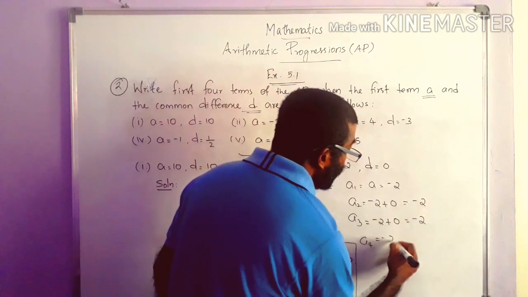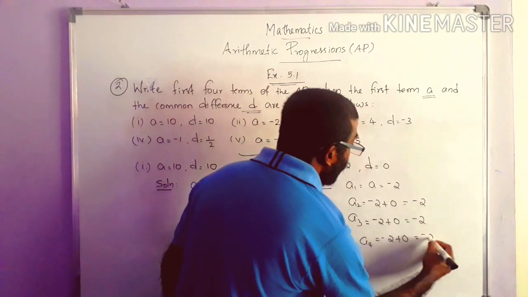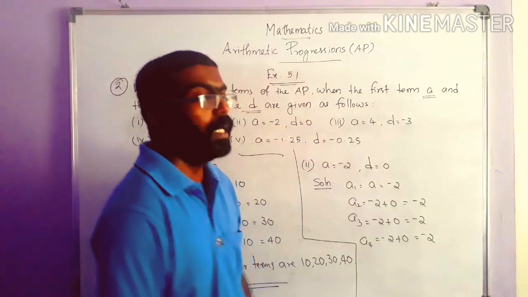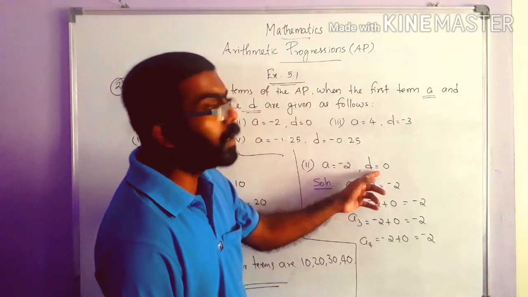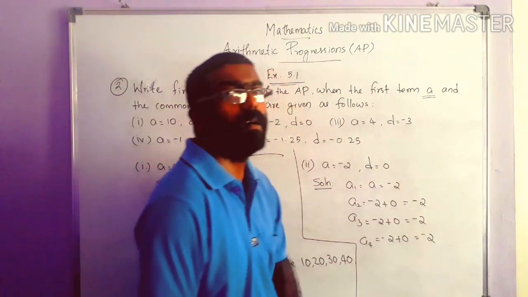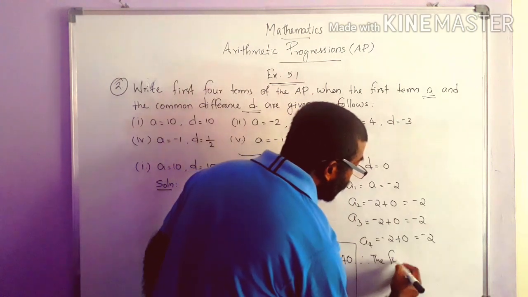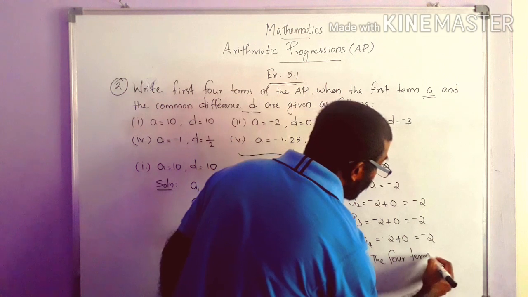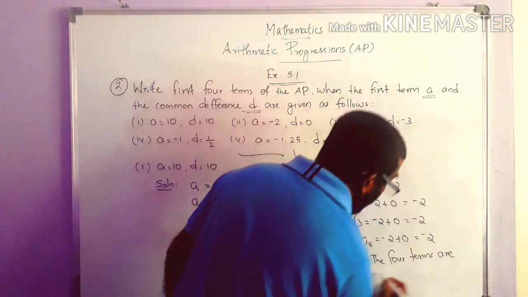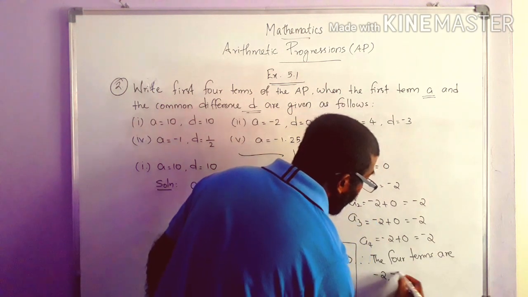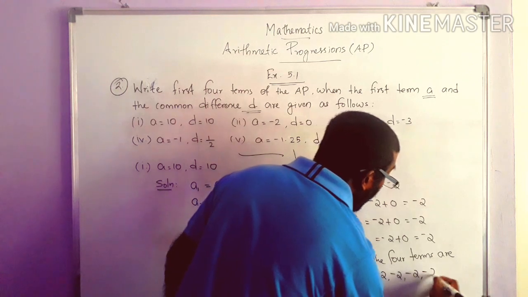A4 is minus 2 plus 0, it's also minus 2. Since the common difference is 0, all the terms are same. Therefore, the four terms are minus 2, minus 2, minus 2 and minus 2.